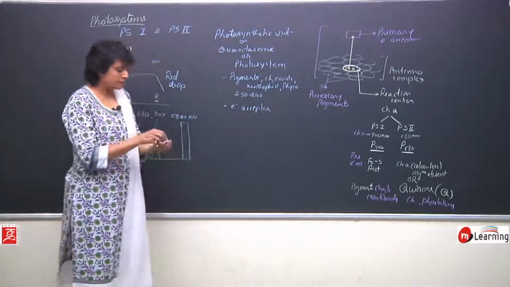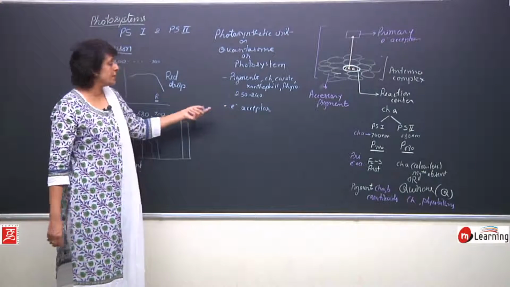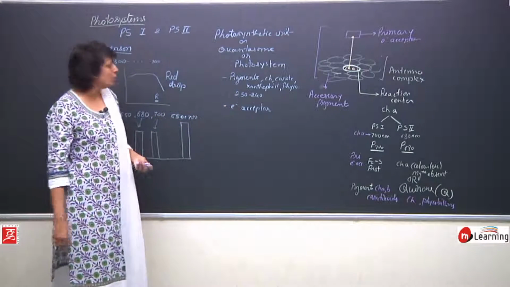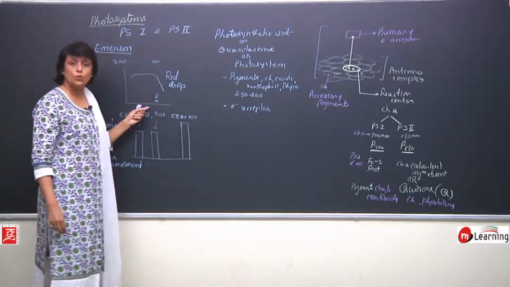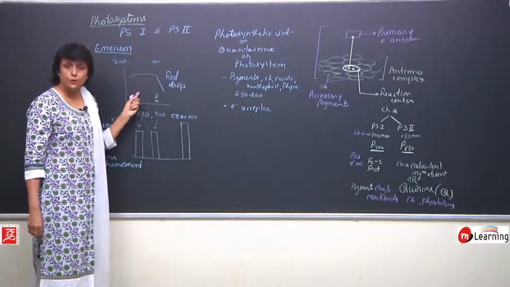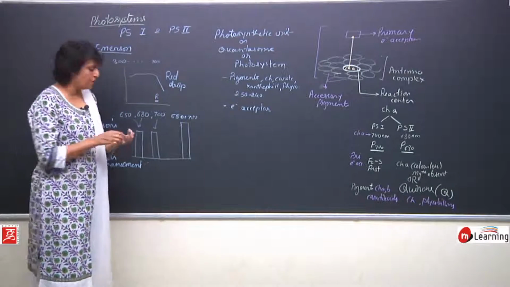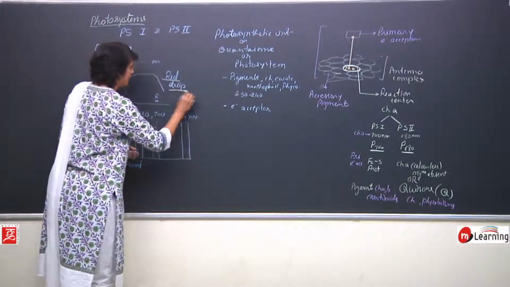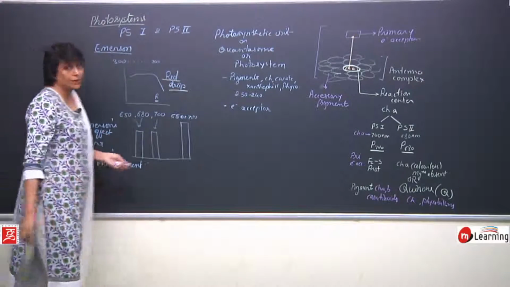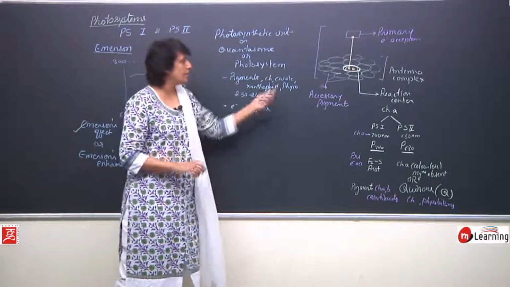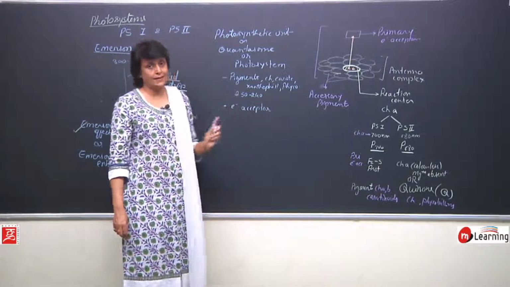Now, as we have seen the differences between photosystem 1 and 2, and also the scientists who discovered that there are two photosystems, two important things which we have talked of, red drop and Emerson's effect, very, very important whenever it comes to photosystem and its discussion.